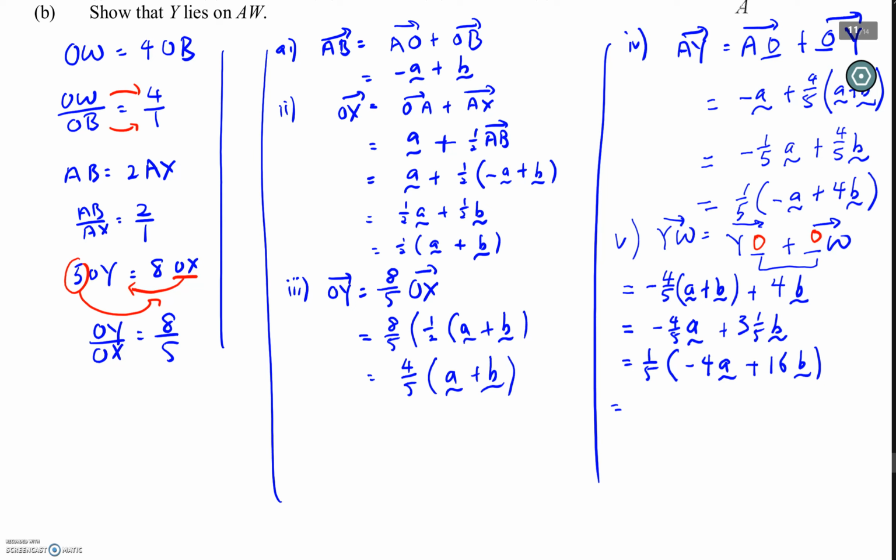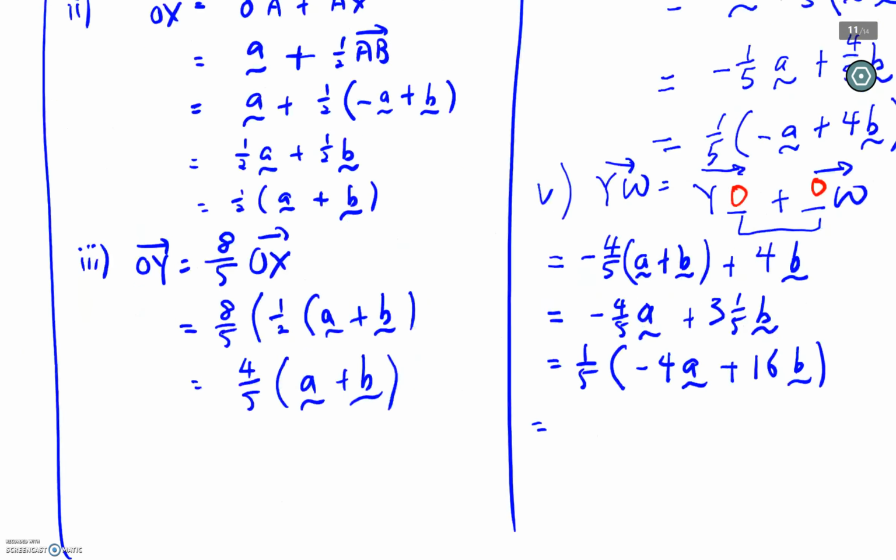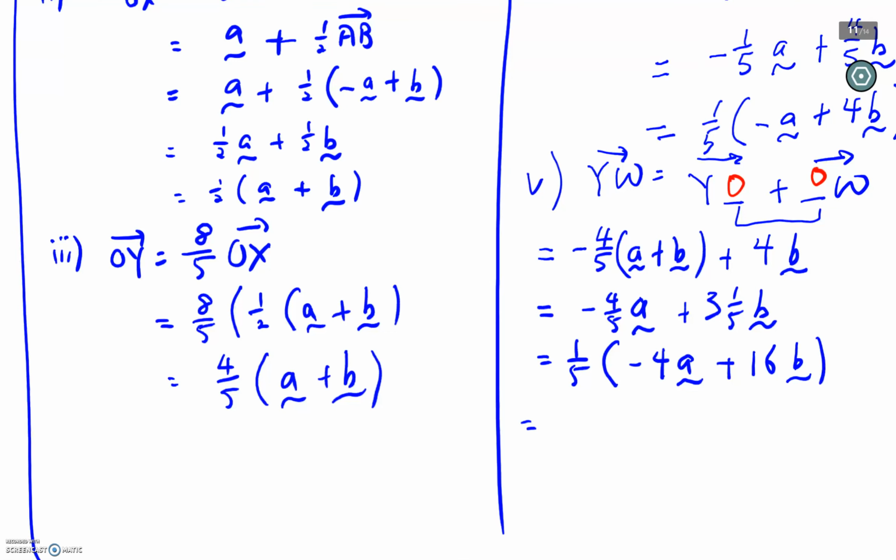Are you following what I'm doing? Quiet. So quiet. So I simplify. I take this out. I distribute the 4 over 5 plus 4. I get this, right? I can take out 1 over 5. I'm left with this. Can I take out 4 again? Yes, I take out 4 again.